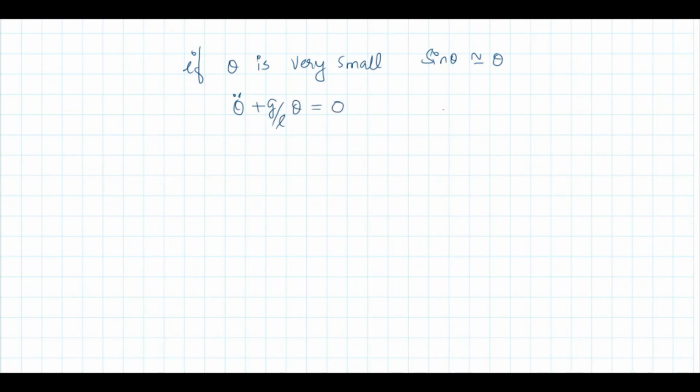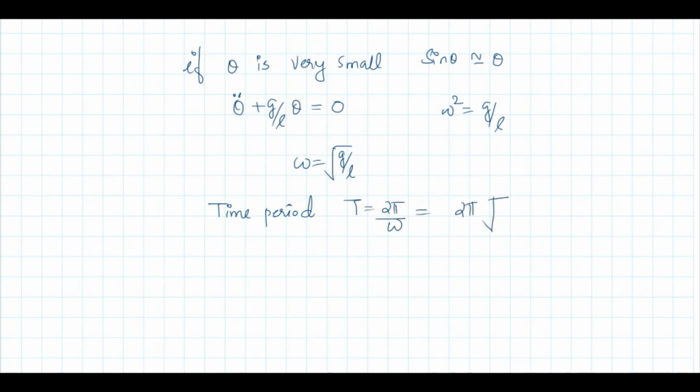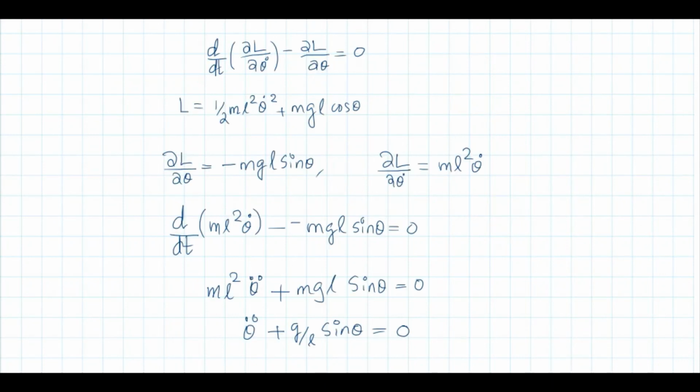This is similar to the equation of a harmonic oscillator, and you can write omega square as g by l, and omega is root g by L. Time period T is equal to 2 pi by omega, which is 2 pi root of L by G. As you all know, this is the time period of a simple pendulum.